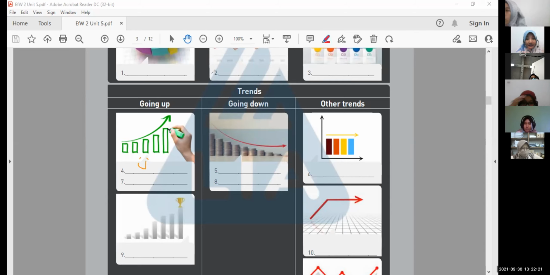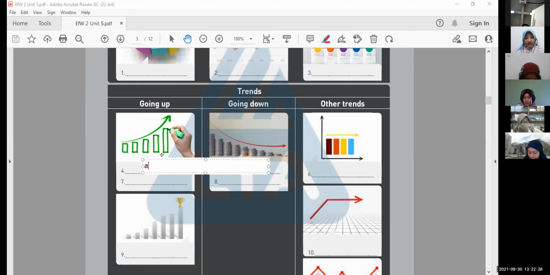So it's A and G, rise and increase. That's correct, Miss Vivi. Both of them have the same meaning as going up. Going up means rise, increase, elevate, progress. Progress is going positively, meaning going up.